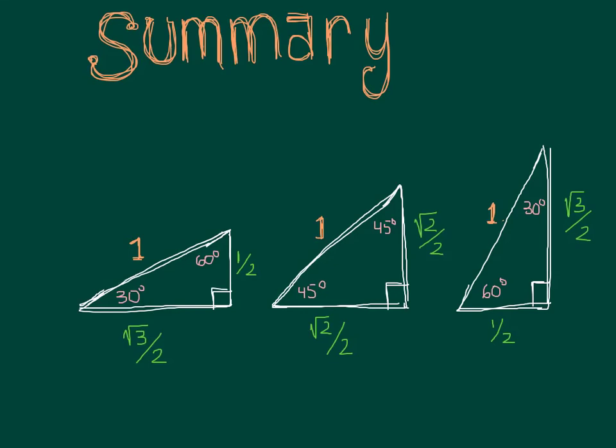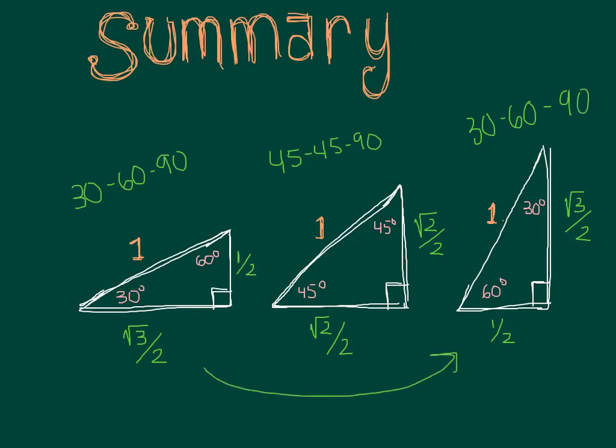You may be asking yourself, why are there 3 triangles here? We only looked at 2. Well, you want to notice that this first one is a 30, 60, 90. The second one is a 45, 45, 90. And the last one is actually just another 30, 60, 90 in disguise. These two are the same. They've just been rotated.